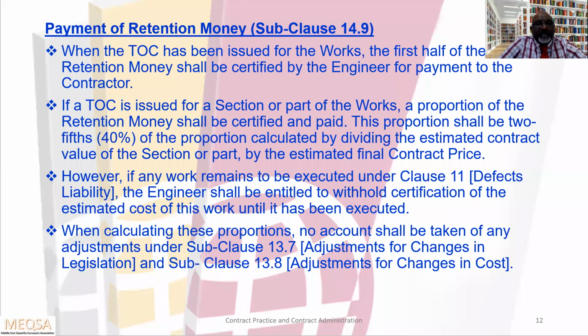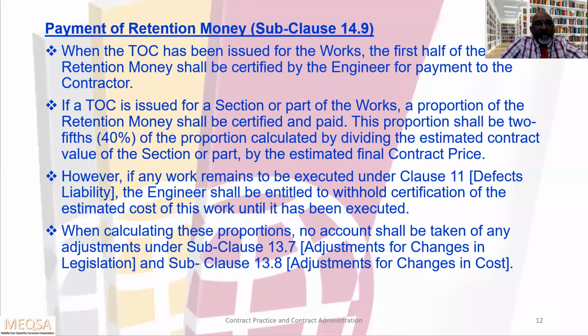The next point: if any works remain to be executed under clause 11, defects liability, the engineer shall be entitled to withhold certification of the estimated cost of this work until it has been executed.